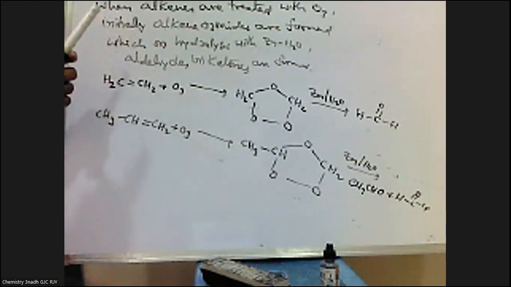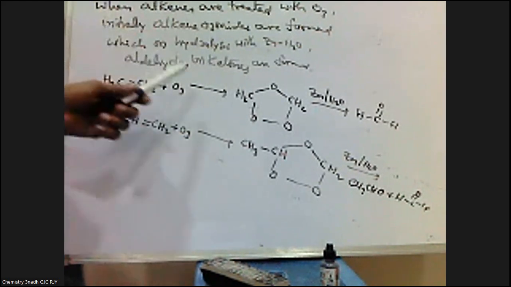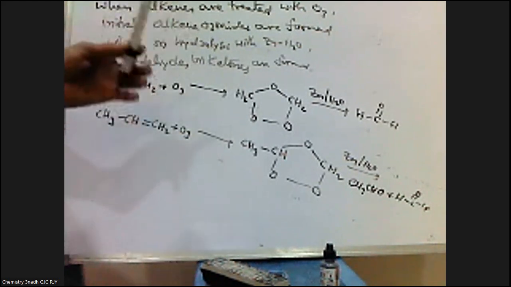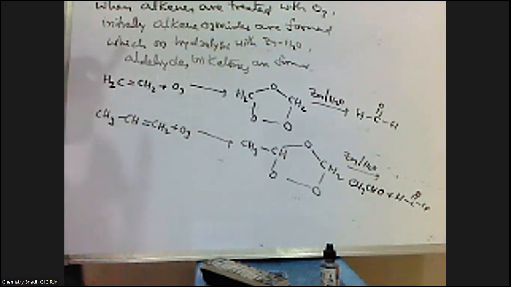These alkene ozonides on hydrolysis give aldehydes or ketones. And this reaction is useful in detecting the position of the double bond. So this is regarding the ozonolysis.